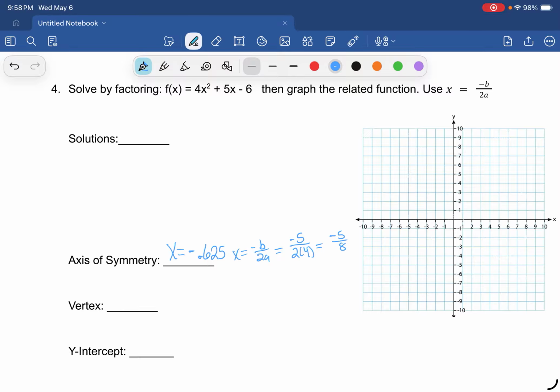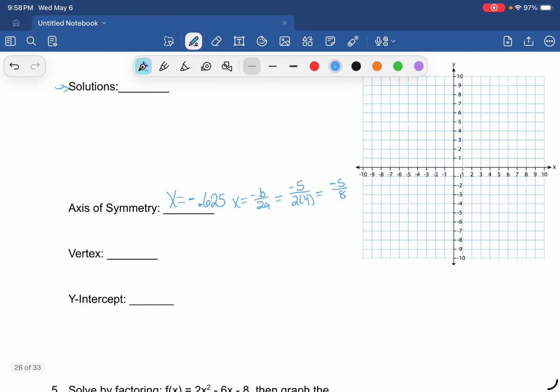Cool. Now, what's happening is when I'm writing that problem, as your teacher, I am making the decision to make the solutions easier, and the vertex is going to be a mess. That is why you're seeing more decimals pop up.